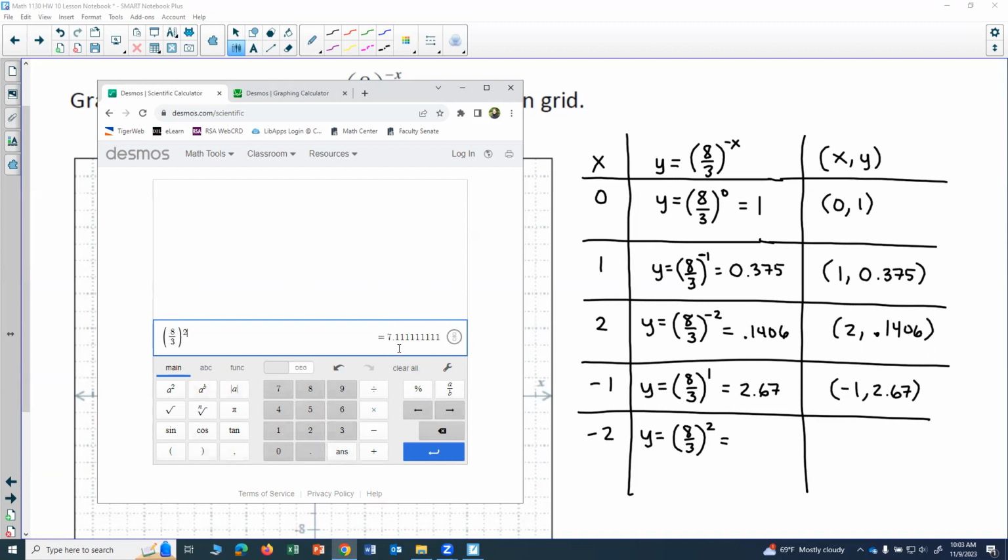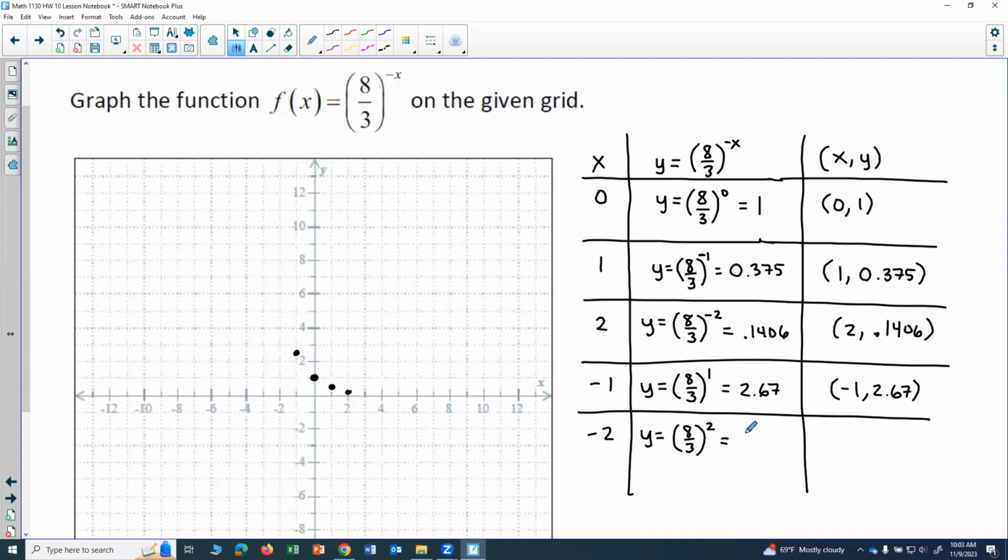We get 7.11. So I'll have 7.11. And so my last ordered pair would be -2, 7.11. And you can see the graph is growing very rapidly to the left. So -2, 7.11.